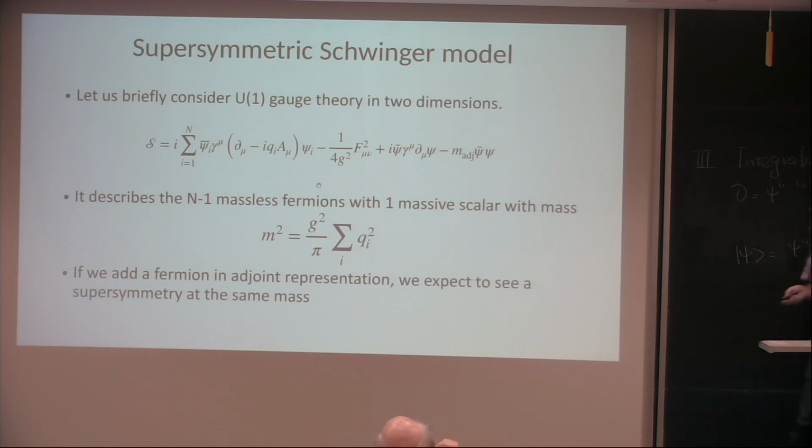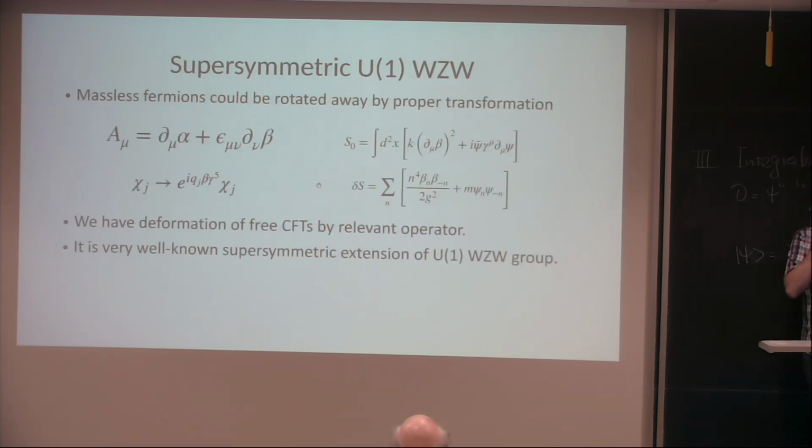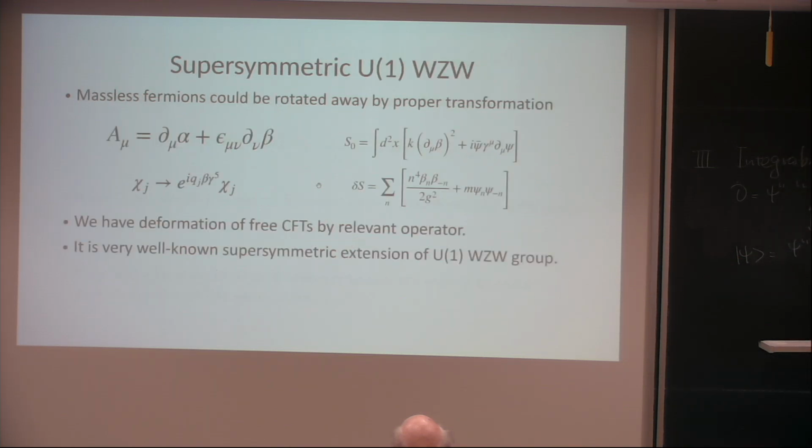Okay, so we expect to see supersymmetry here, and because this model is very simple, we can find out what's happening here. For that, let me rewrite this model a little bit. I want to rewrite this model as some CFT plus some relevant perturbation. For that, I will decompose my vector field in the following way, just Hodge decomposition.